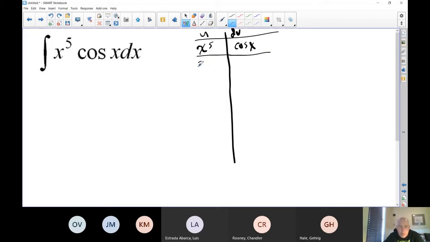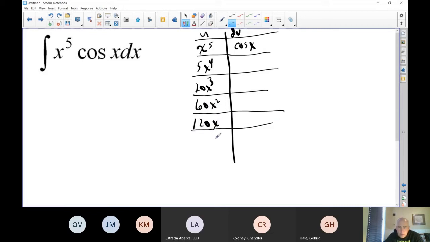I'm going to take the derivative, 5x to the fourth. The line, take the derivative, 20x cubed. Take the derivative. Take the derivative. Take the derivative. And finally, we arrive at 0.